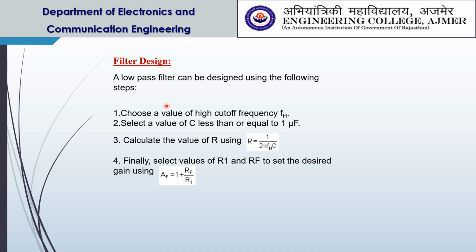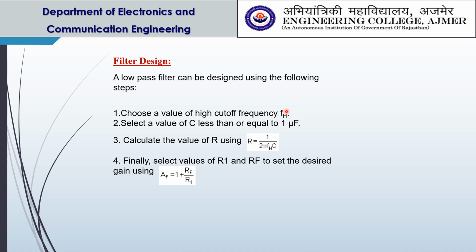A low pass filter can be designed using the following steps. The first step is to choose a value of high cutoff frequency. As we know, for a low pass filter, the first design parameter is the high cutoff frequency.